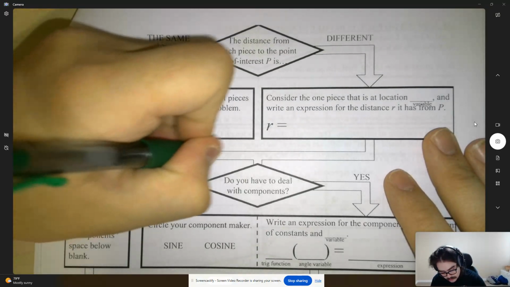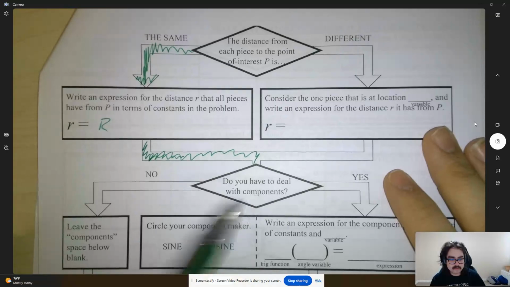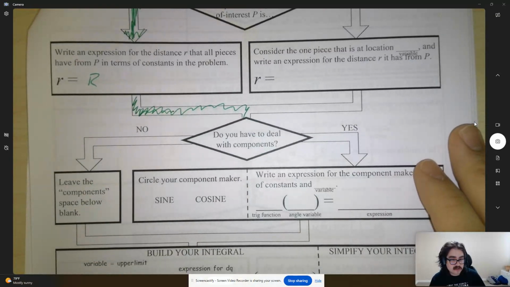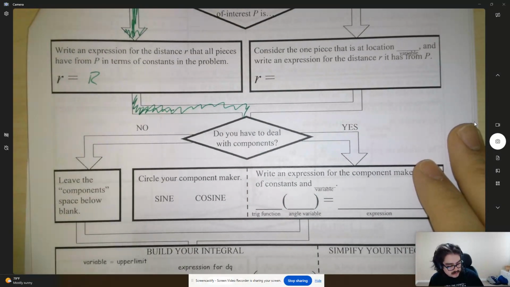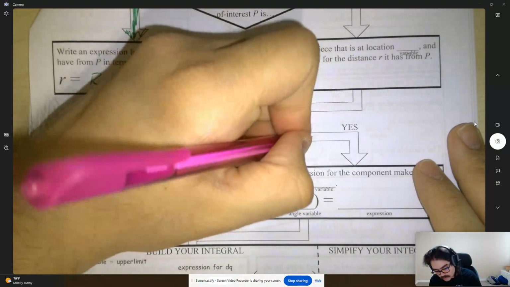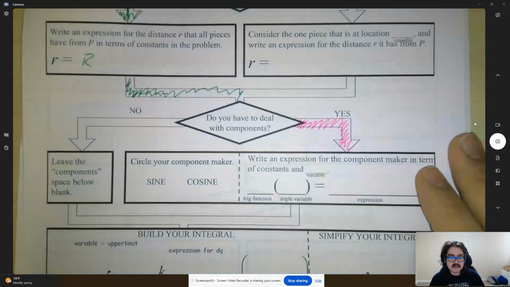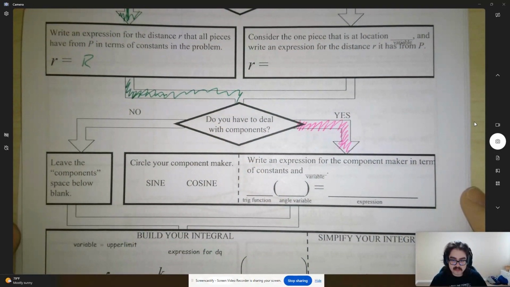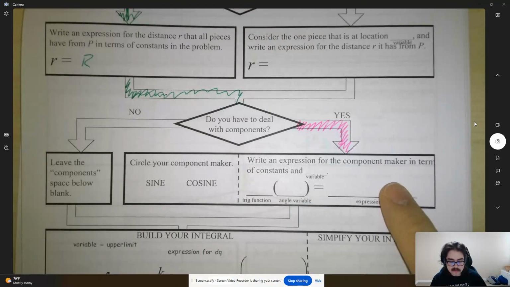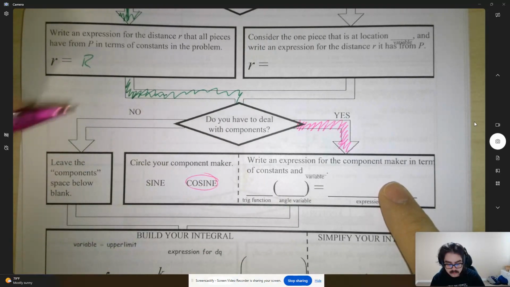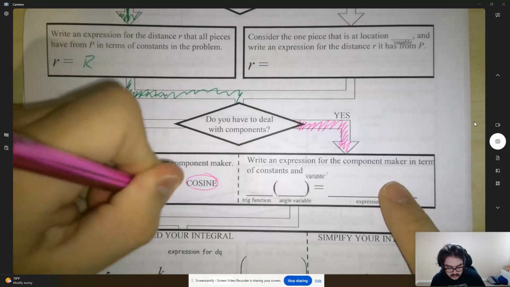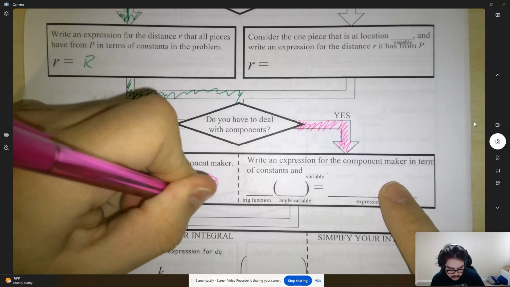And then as I go, do I have to deal with components? Because it's an arc of charge and the angle is changing, yes. If you're dealing with arcs, you definitely have to deal with components because only one component actually has an effect. It's the x component in this case, so we're going to use cosine. Only the x component.